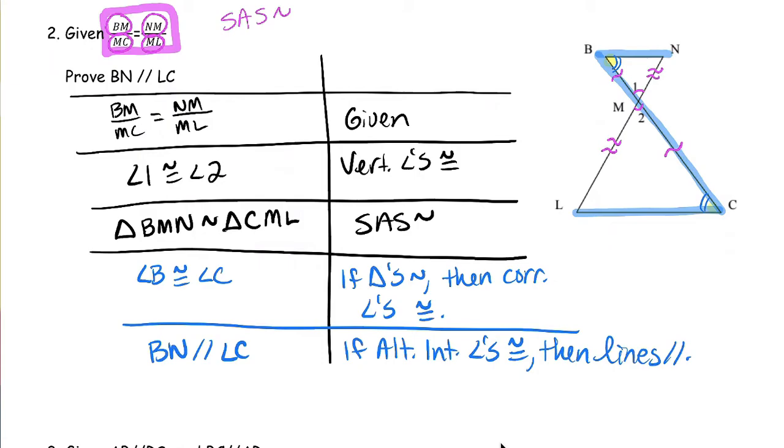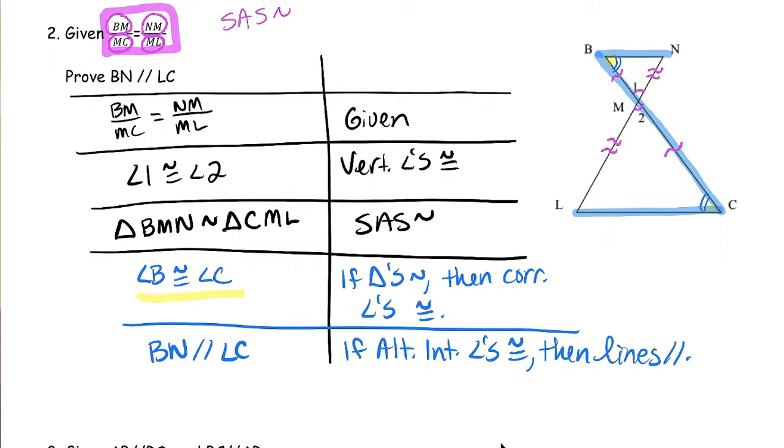One thing that confuses people about this proof is that the second to last line referred to them as corresponding angles, and the last line referred to them as alternate interior. The name in these moments depends on what you're relating it to. Angles B and C are corresponding in the image based off of the triangles.